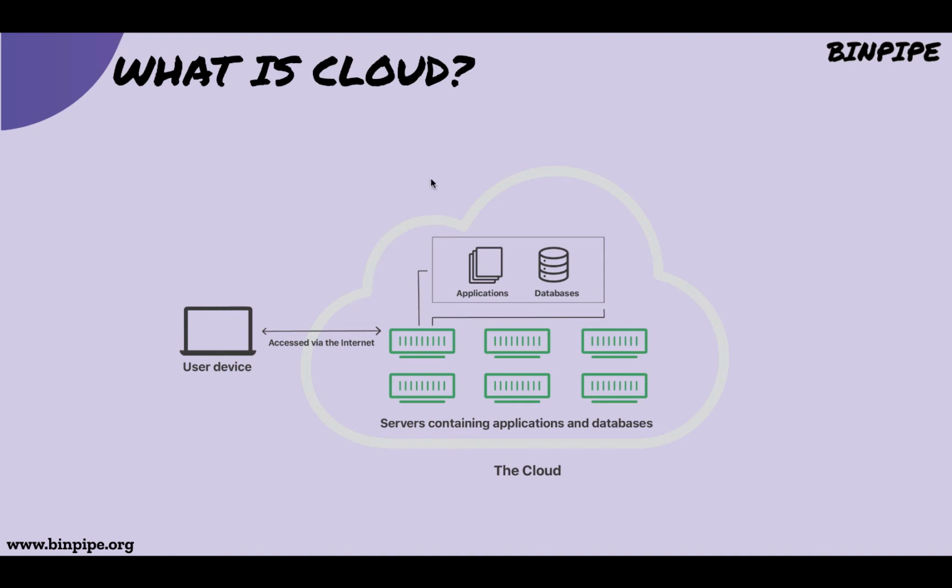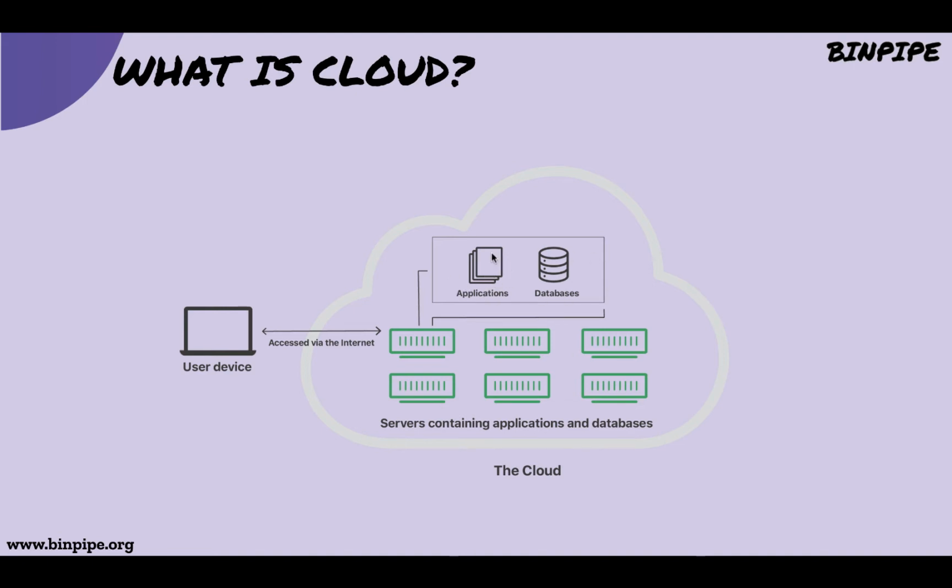Now coming back to this diagram, what we see here is multiple hardware servers are pooled together. So this is a pool of hardware resources, over which applications and databases are installed. So this comprises a cloud. A cloud provider would normally provide hardware resources, sometimes hardware plus a bit of application libraries.